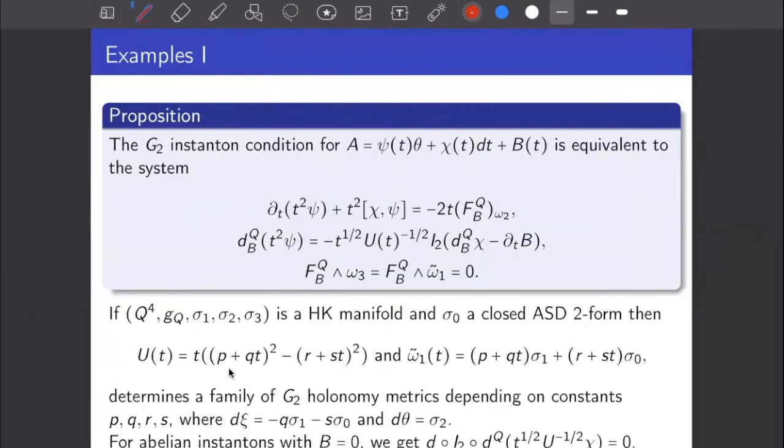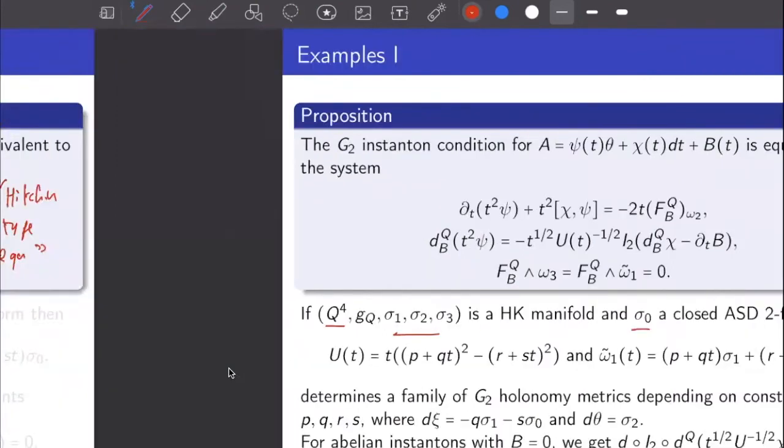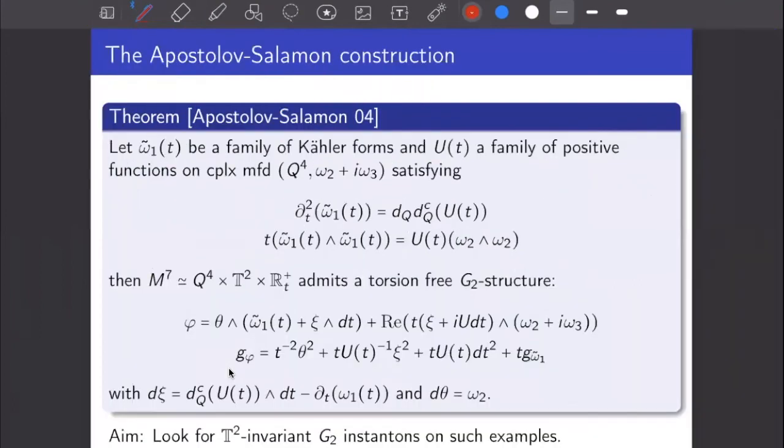Now, Apostolov and Salamon showed that the system of PDEs can be solved in the simplest situation, when the 4-manifold is just a hyperkähler manifold. So if Q4 here is a hyperkähler manifold with hyperkähler triple sigma 1, sigma 2, sigma 3, and in addition we have the data of a closed anti-self-dual 2-form, then we can solve this pair of systems.